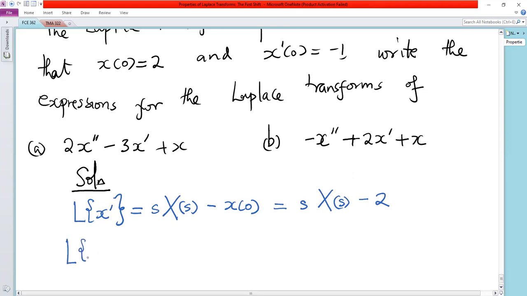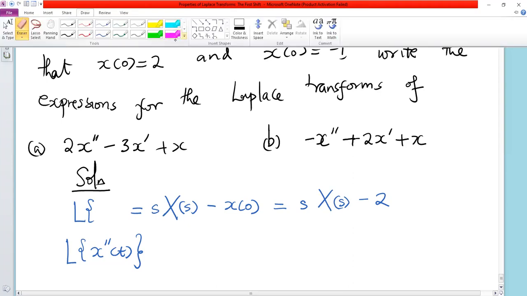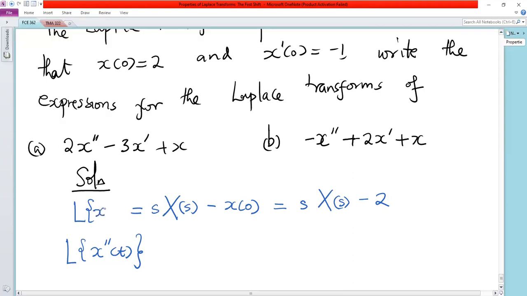And the Laplace transform of the second derivative of the function x, remember this is a function of t, is given by s squared capital X of s minus s x of 0 minus x prime at 0.